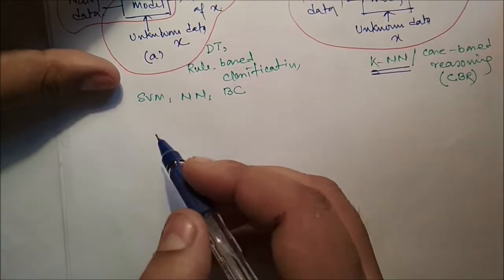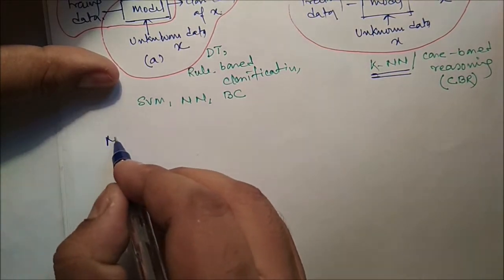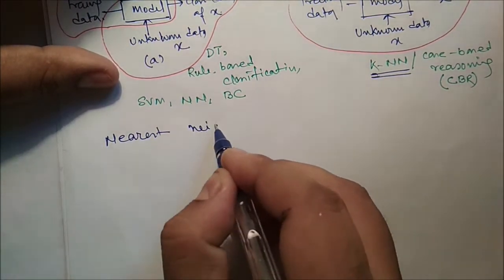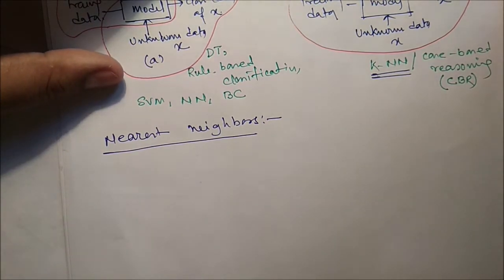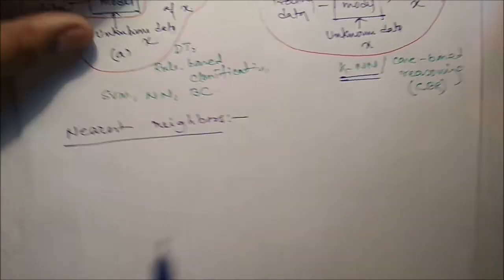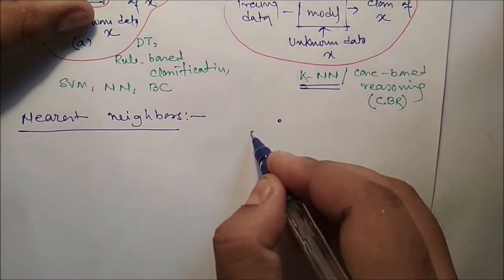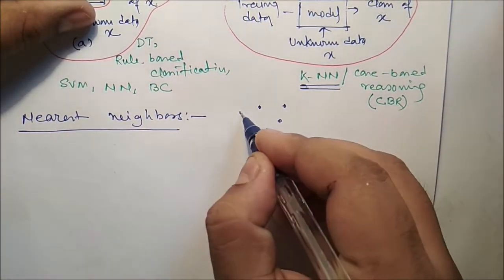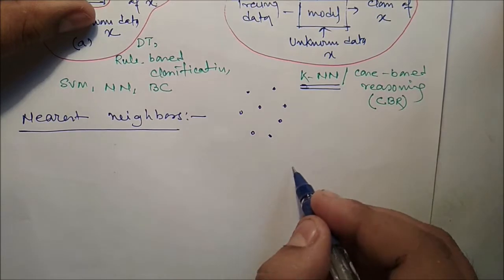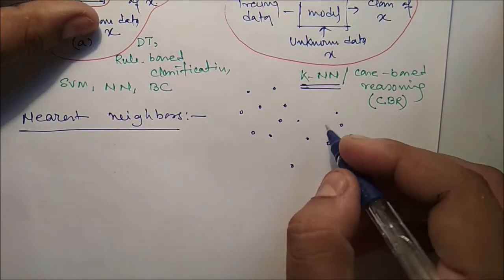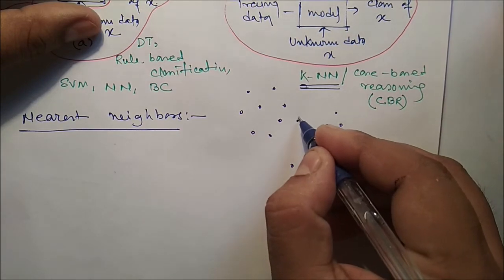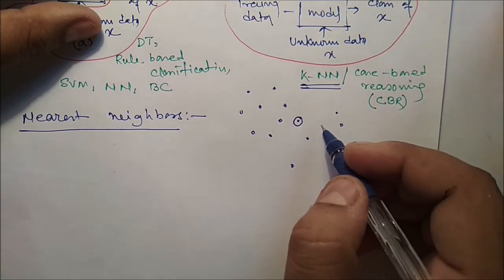Now what is the meaning of nearest neighbor? Find all the training data that are similar to the given test data. Say a few data are there, and assume one is a test data. For a particular data, which one is the nearest?